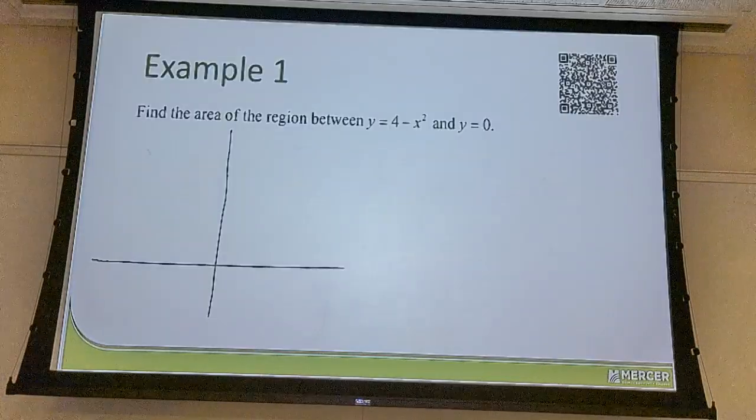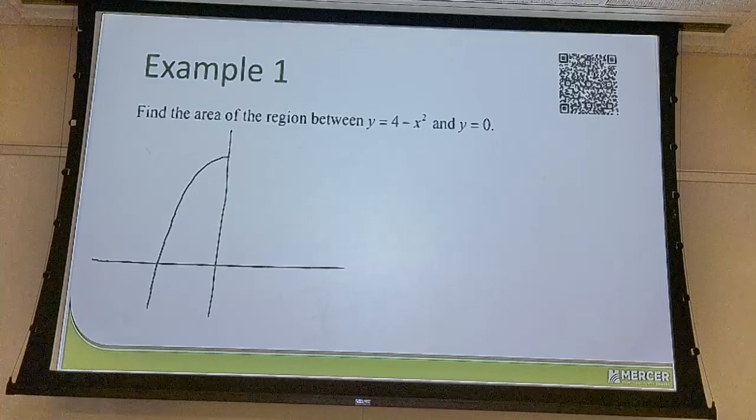And so 4 minus x squared, make sure it's somewhat symmetric.